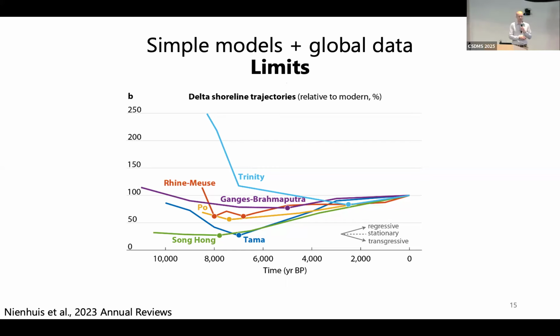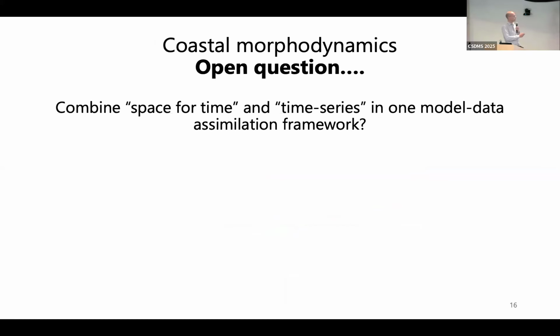So with these time series, I think you can also compare that against models while doing this space for time at the same time. But that's really an open question that I'd like to get your input on as well. I think there's a lot of clever people in this room.